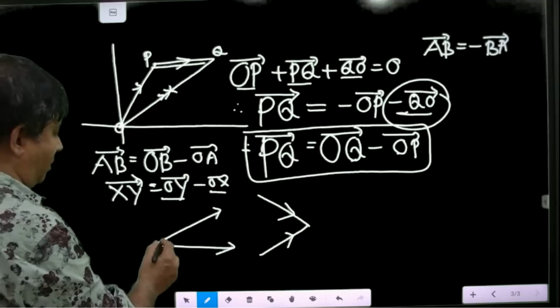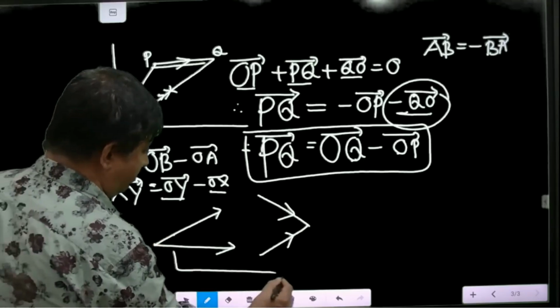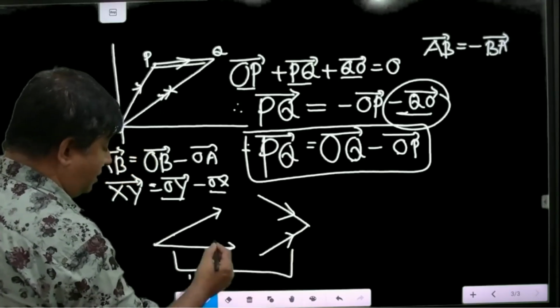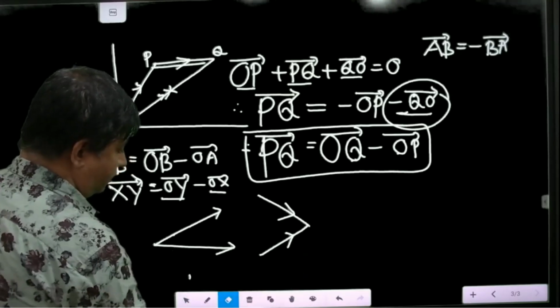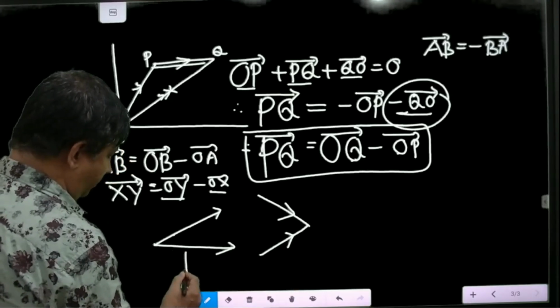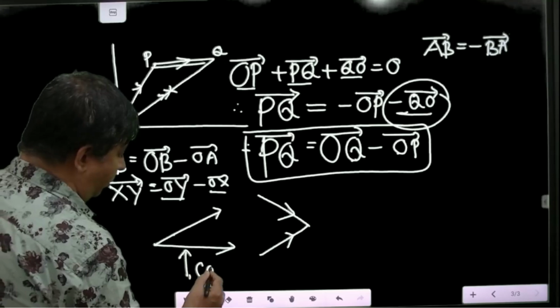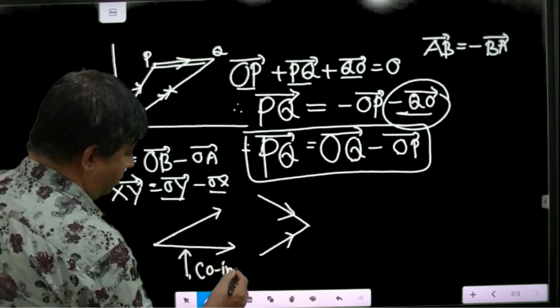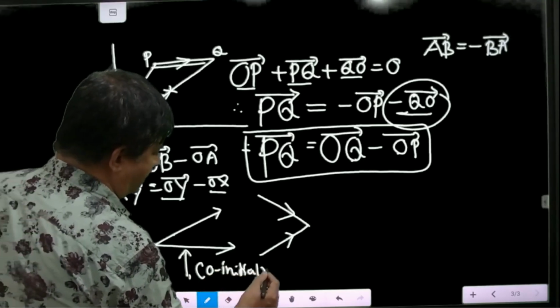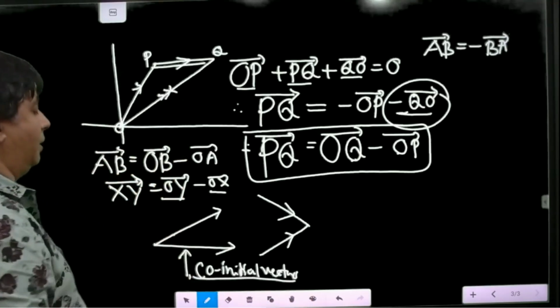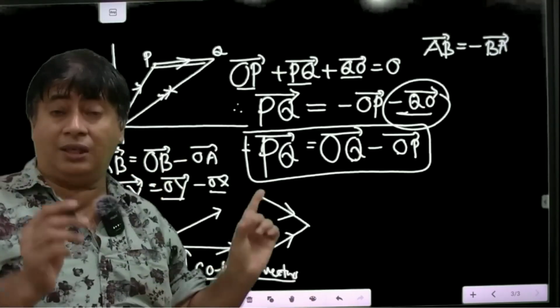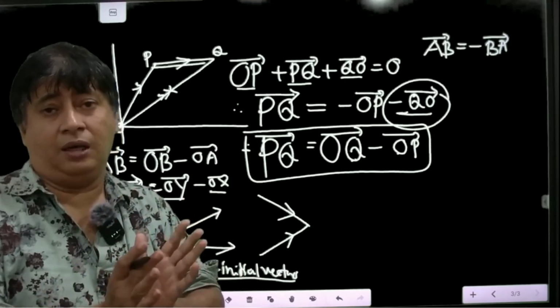So these are called co-initial vectors, means that their initial positions are the same.